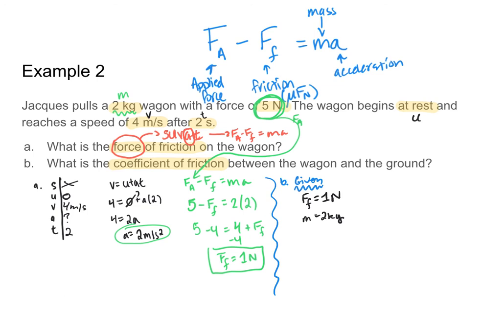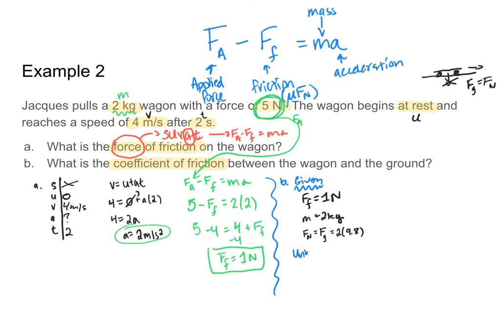And we know that the normal force is equal to the force of gravity, which is equal to 2 times 9.8, m times g. And this is because my wagon is sitting on the ground, right? My wagon is rolling across the ground. It is not falling through the earth. And so therefore, force of gravity must equal the normal force. So those are my givens.